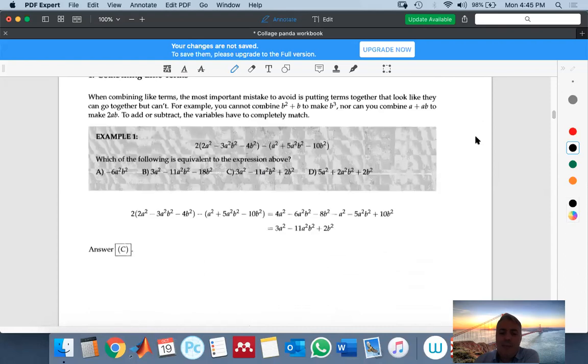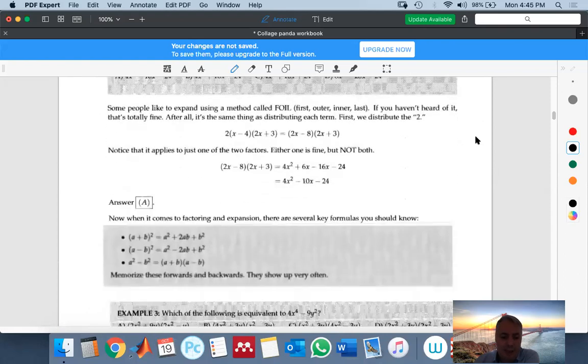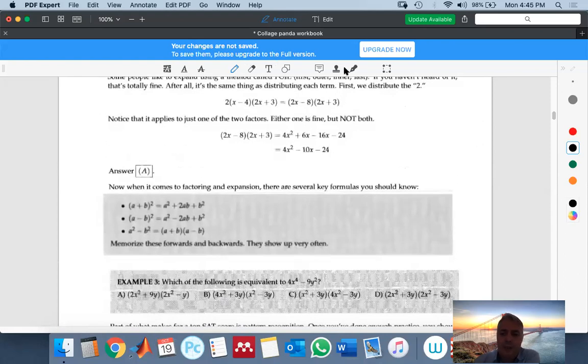There are some important things. I want you, dear students, to memorize these things. Let me copy one more time. A plus B parenthesis square is A squared plus 2AB plus B squared.